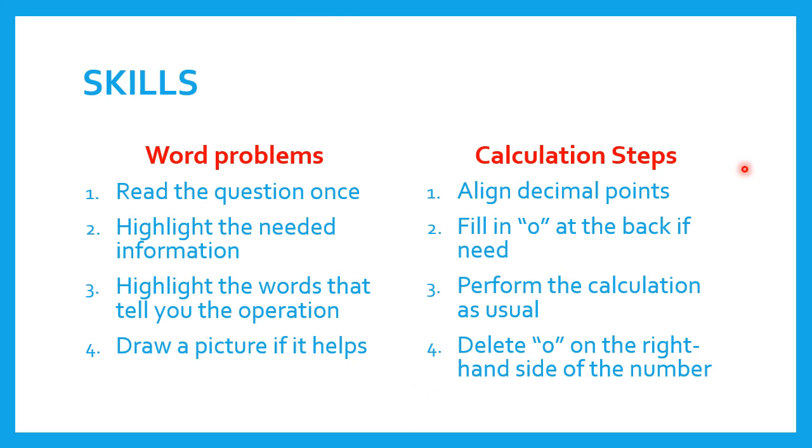Apart from that, in the column form, you first have to align the decimal point. You have to fill in the 0 at the back if you think that is needed. You have to perform the calculation. After you finish the calculation, you have to delete the 0 on the right hand side of the number. For example, if there's a 12.30 in the answer, you have to cross out the 0 here. Okay.